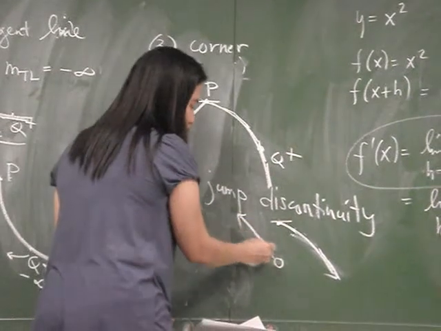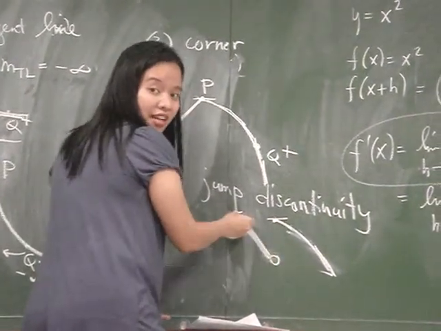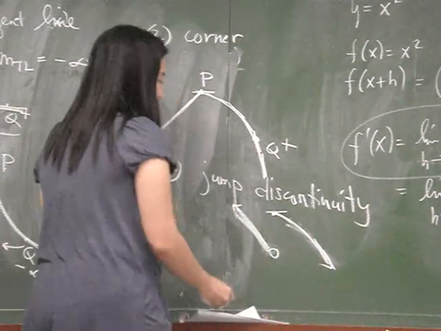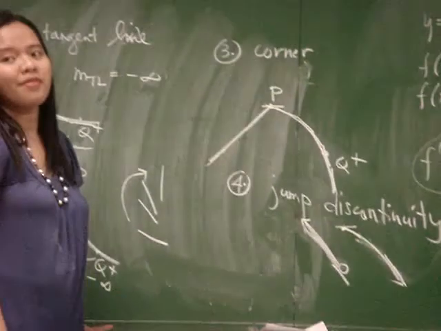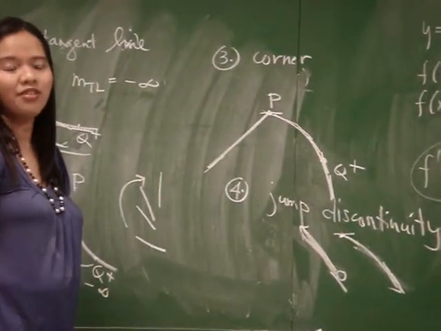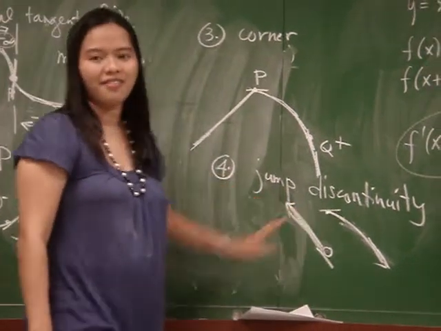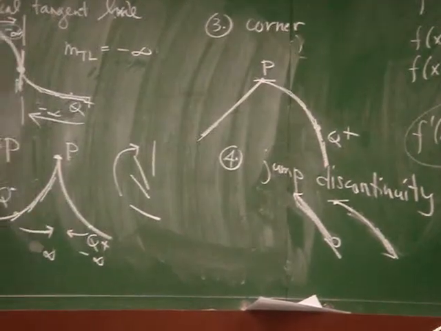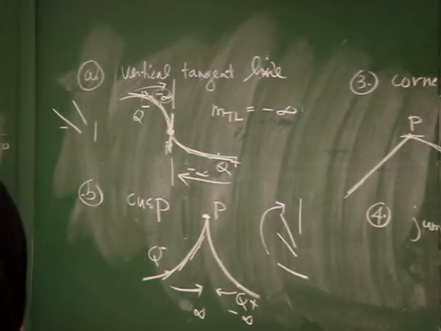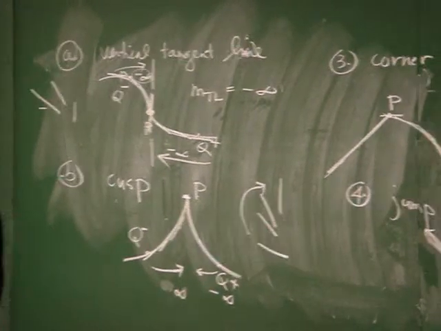How about this portion here? It's constant, right? The slope of the tangent line is constant. So the two slopes are not the same in both directions. So the derivative fails to exist at this point. Okay? So from this, you would know that continuity does not imply differentiability.